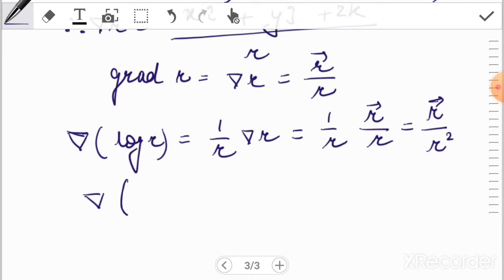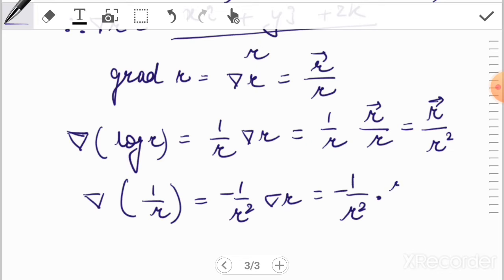Similarly, if you have to find gradient of 1 by r, so minus 1 by r square del r, which will be minus 1 by r square into r vector by r, so which is minus r vector by r cube.